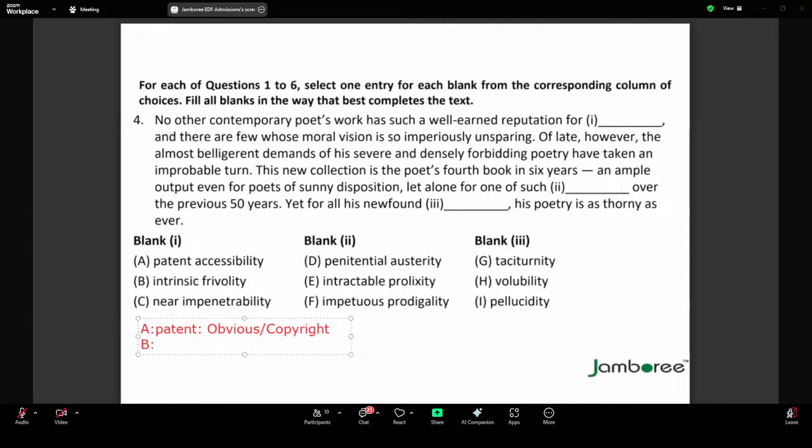Bravo says intrinsic, that means innate, natural. Frivolity is the second word, which is a lack of seriousness. Or frivolous, something unimportant. Impenetrable is something that's not accessible, inaccessible.